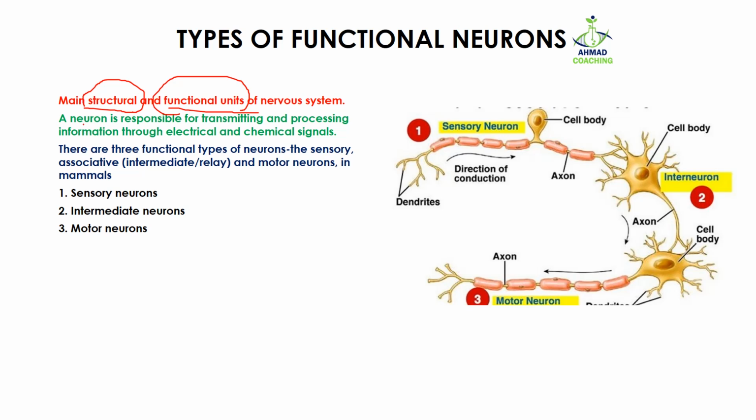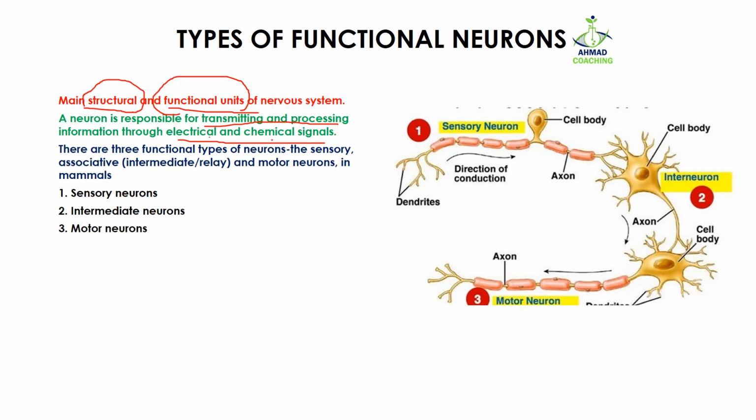A neuron is responsible for transmitting and processing information through electrical and chemical signals. It means the neuron is going to get the information, sort out what kind of information it is, and then transmit or send that information to the effectors through electrical or chemical signals.